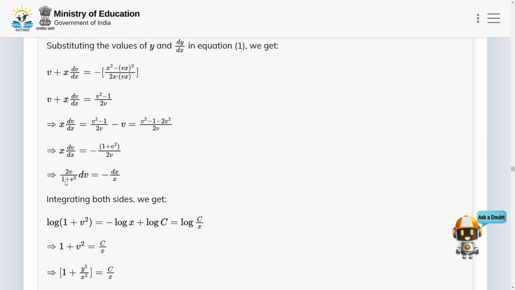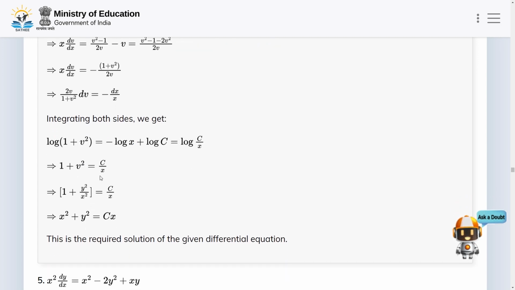You will have 2v divided by 1 plus v square dv is equal to minus dx by x. This will be minus log x plus some log c. And substitute your 1 plus v square as t. You will have log 1 plus v square. Here we are using the log property. You will get log c by x.